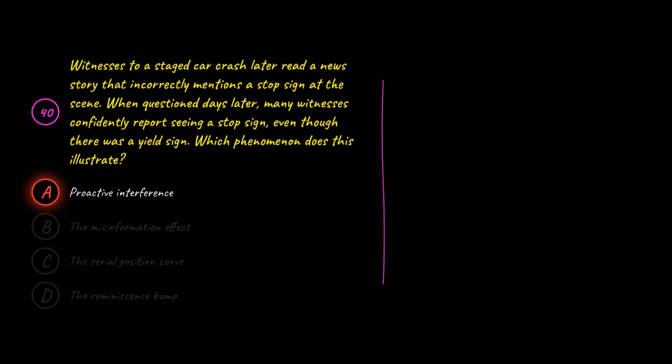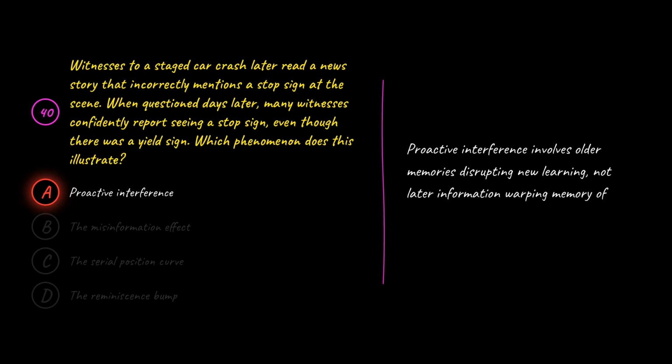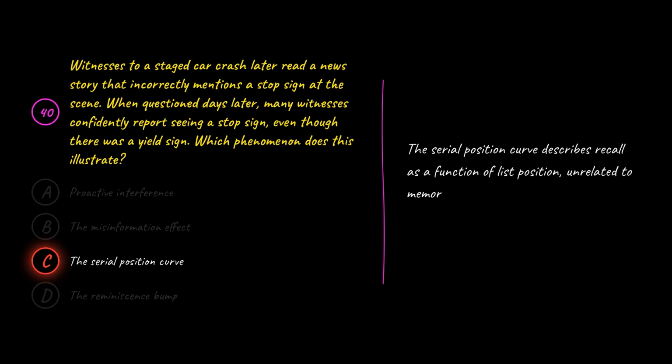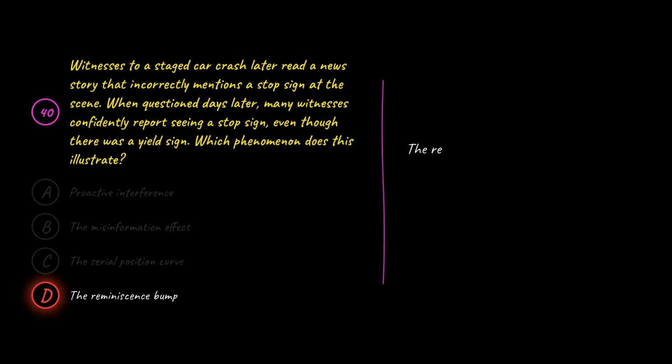A is wrong because proactive interference involves older memories disrupting new learning, not later information warping memory of a past event. C is wrong because the serial position curve describes recall as a function of list position, unrelated to memory distortion through misinformation. D is wrong because the reminiscence bump is a lifespan distribution of autobiographical memories, not a distortion produced by misleading information.